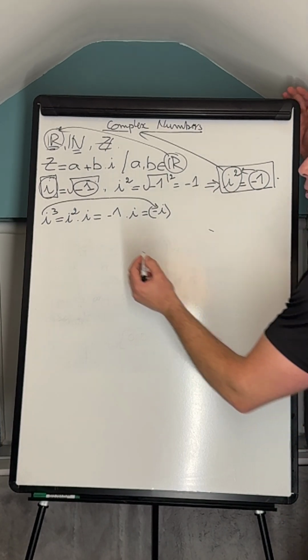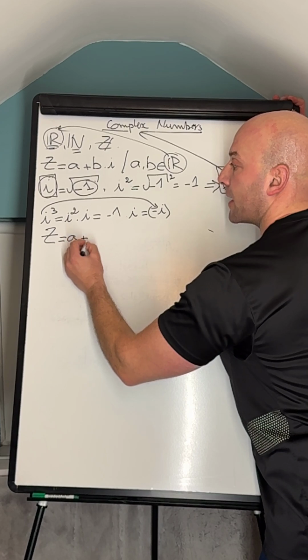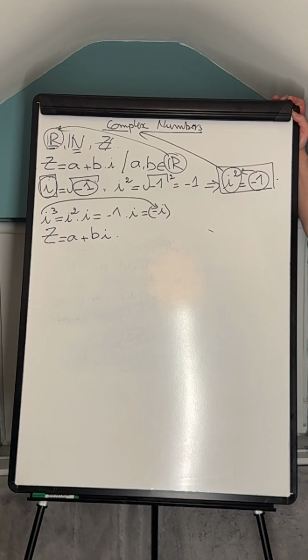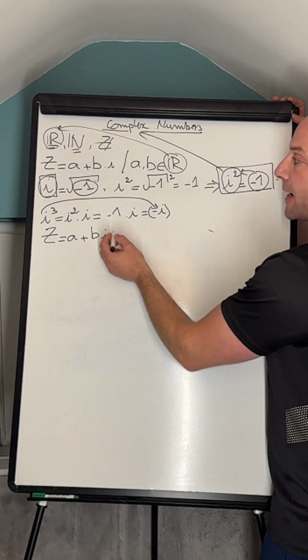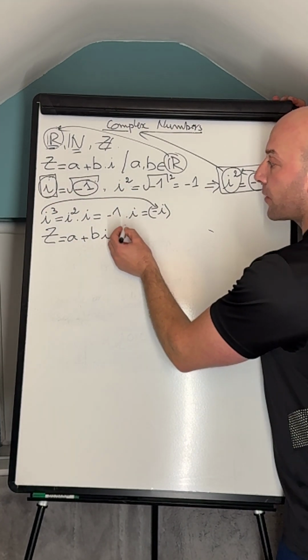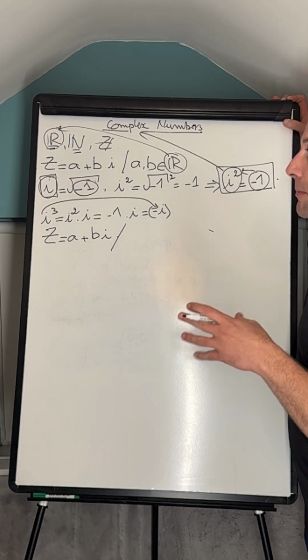Now, we knew that a complex number, we write it this way, a plus b i, where a and b are real numbers, and i equals the square root of -1. There are different parts we can define in a complex number before we move on.